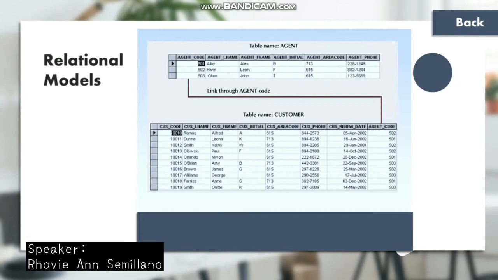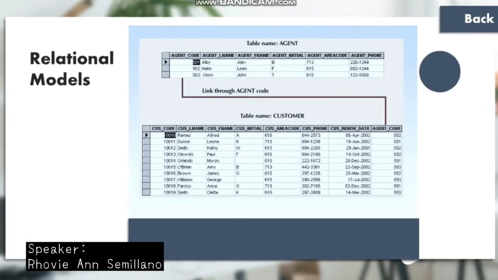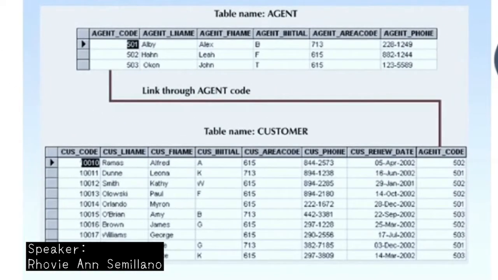Now guys, you can visualize a relational database as a collection of those tables. And the table is comprised of rows and columns. So, ang bawat row po ay tinatawag ding tuple. It represents instances of an entity.